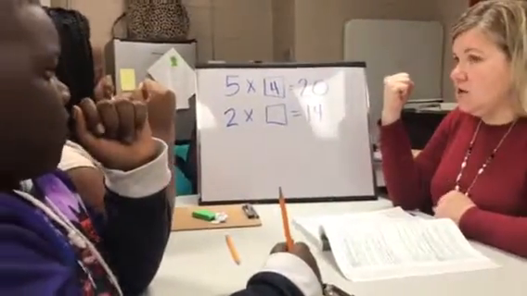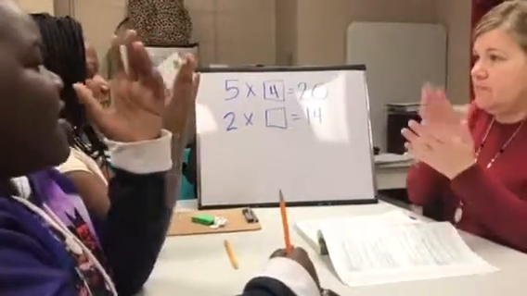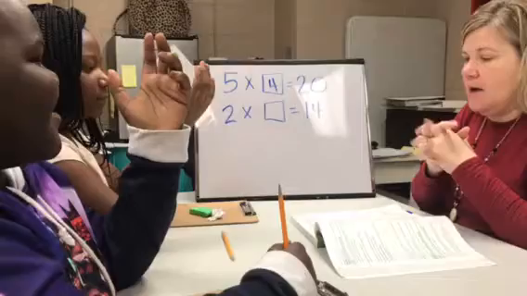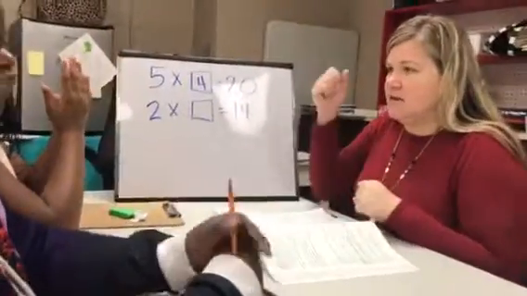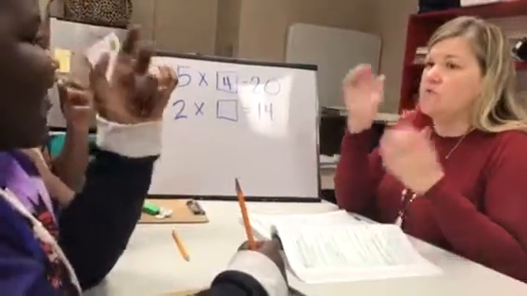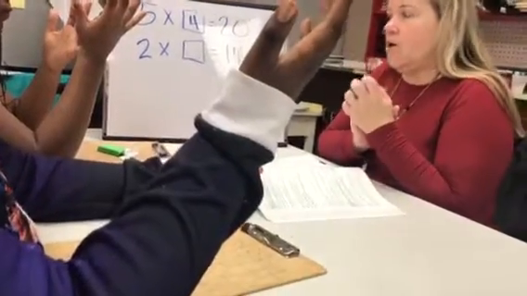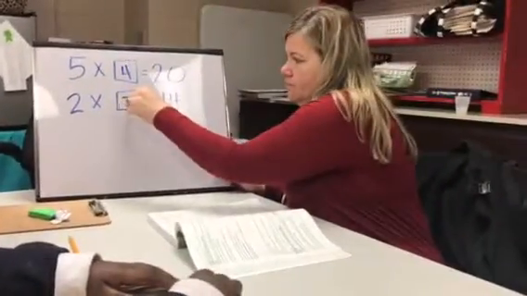Ready? Go. 2, 4, 6, 8, 10, 12, 14. How many times did you count? 7. Let's try it again. Ready? Go. 2, 4, 6, 8, 10, 12, 14. So we counted how many times? 7. So in the box, I would write 7.